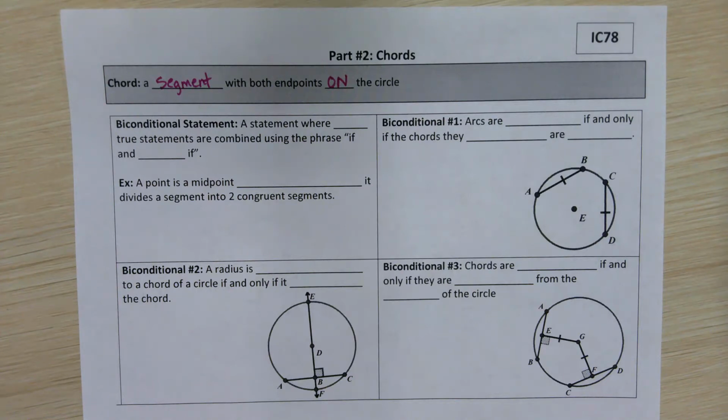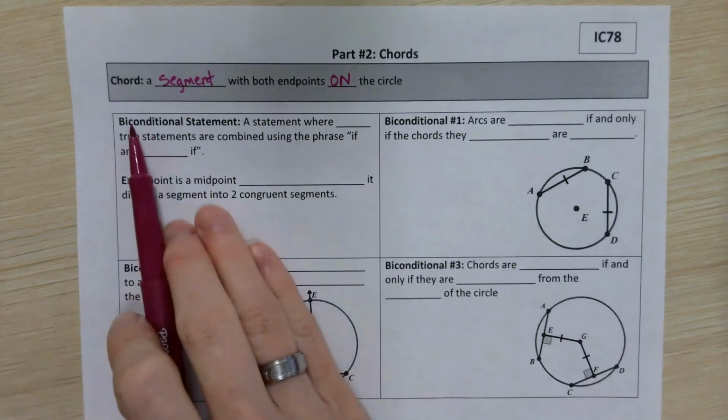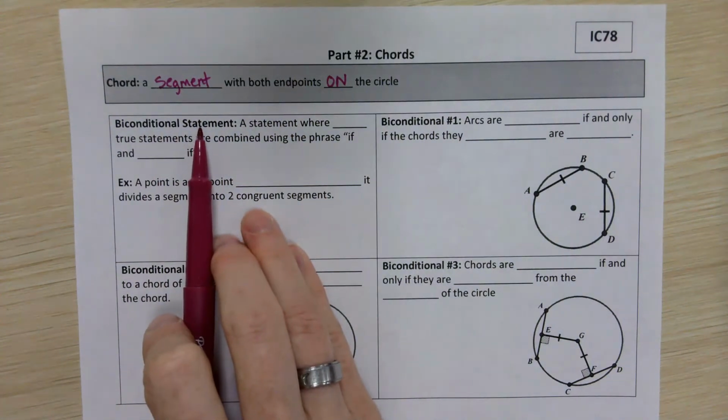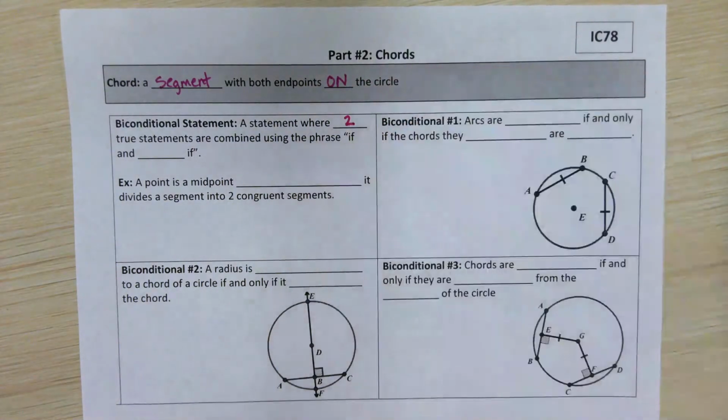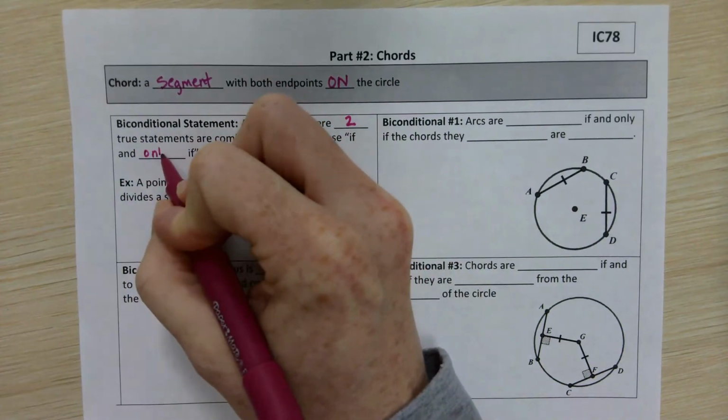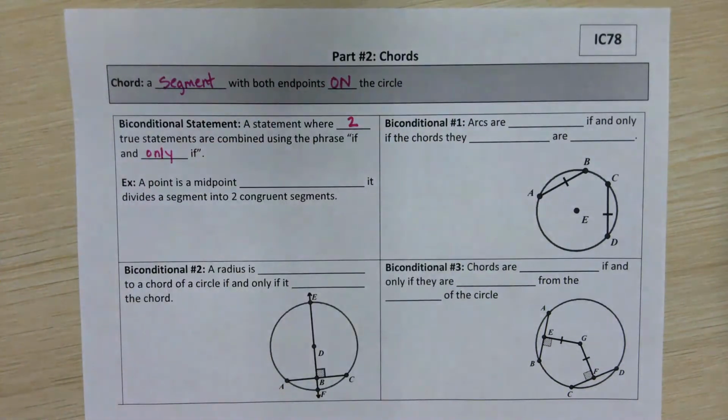All of the ideas today are what we call biconditional statements. And so biconditional statements are statements where two true statements are combined using the phrase if and only if.